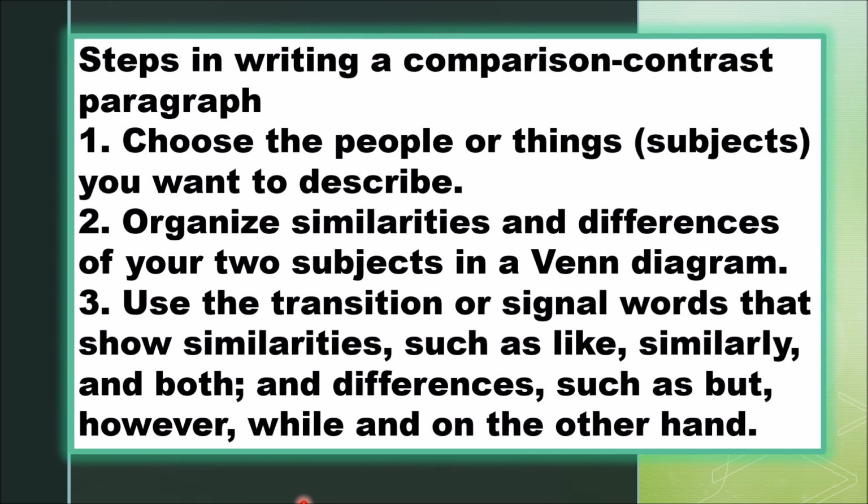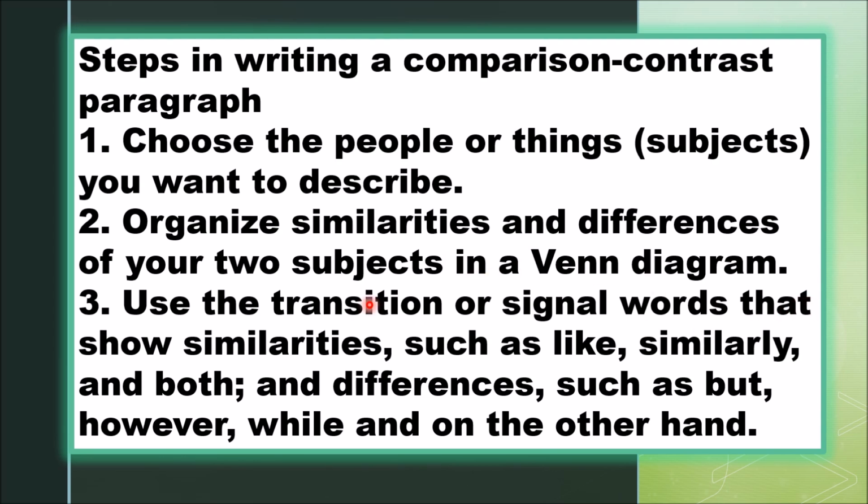Okay? So, ulitin ko. Pag kayo sumulat ng comparison and contrast sa isang paragraph, so kailangan pumili kayo ng tao at bagay na gusto nyong i-describe, na inyong ilarawan. Then, organize similarities and differences. Alamin nyo kung anong pagkakatulad nila, similarities. Kung ano naman ang kanilang pagkakaiba. Usually nga, pag two subjects ang ating pinagkukumpara, gumagamit tayo ng Venn diagram, di ba?